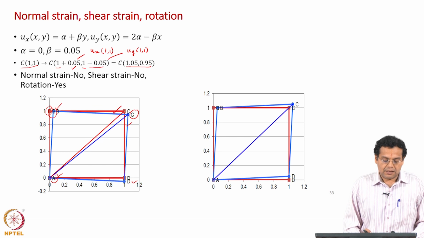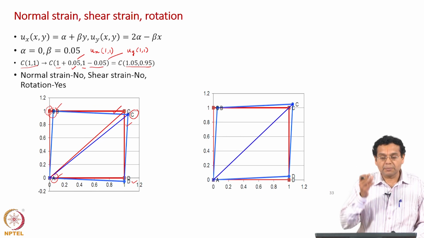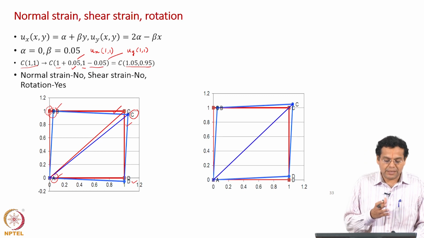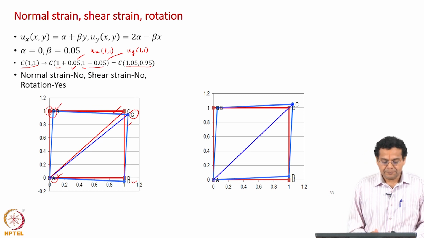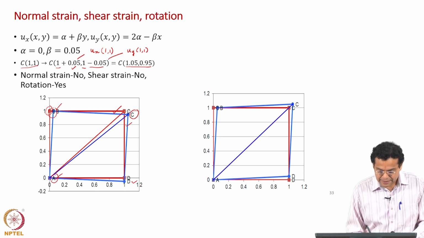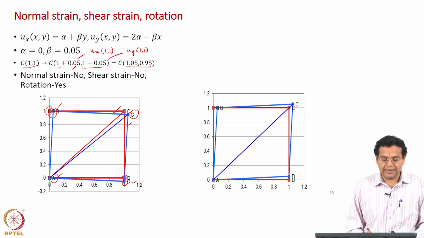Here because I have taken 0.05, it may look like there is a change, but remember beta is an extremely small value. So, there is no change in that length, which means that there is no normal strain. Similarly, if you take A and D, once again there is no change in length. So, there is no normal strain along the x axis or the y axis.